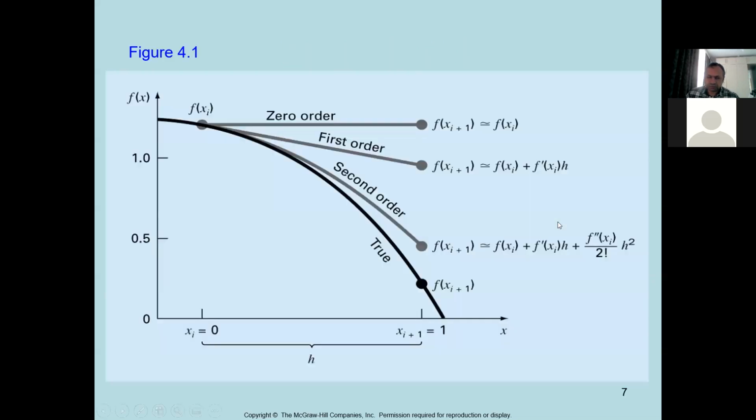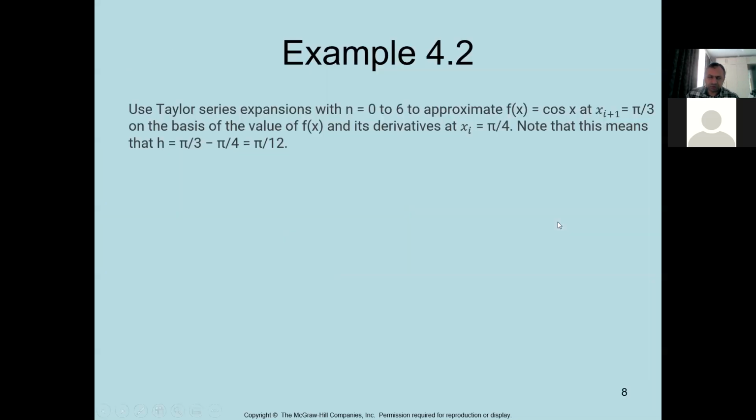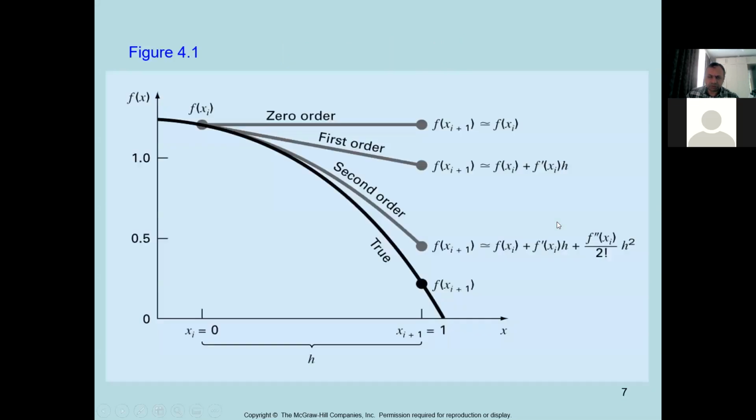Okay, if not, then let's move to example 4.2. But before that, as a final result for example 4.1, the different approximations have been represented here graphically.